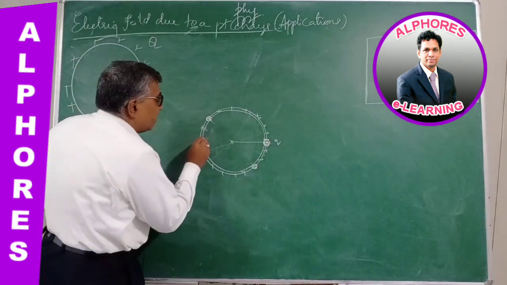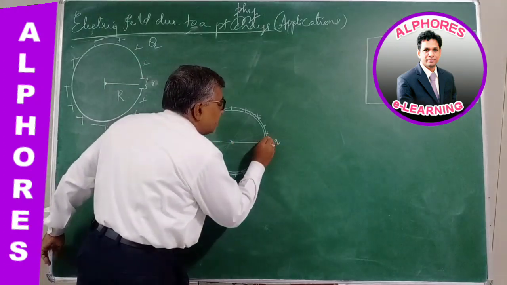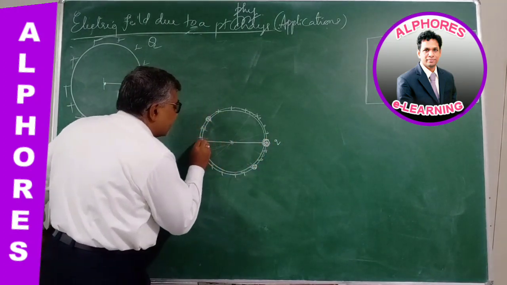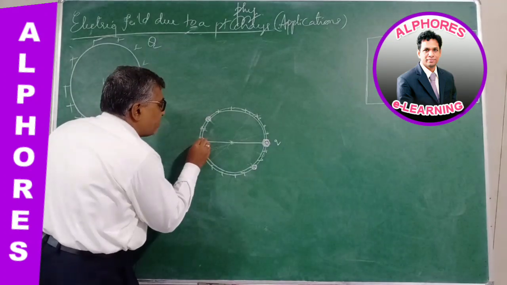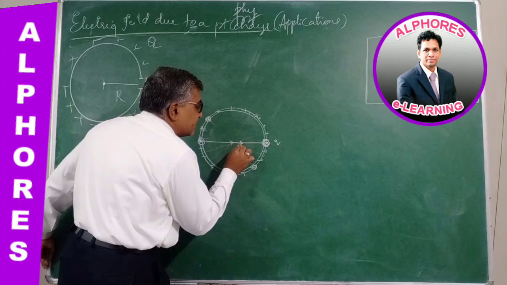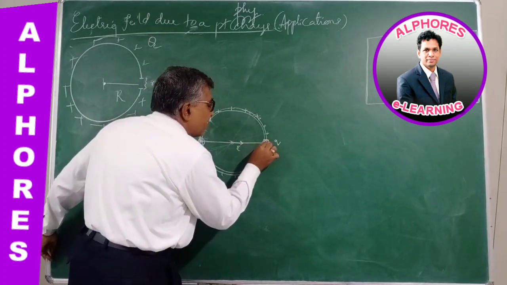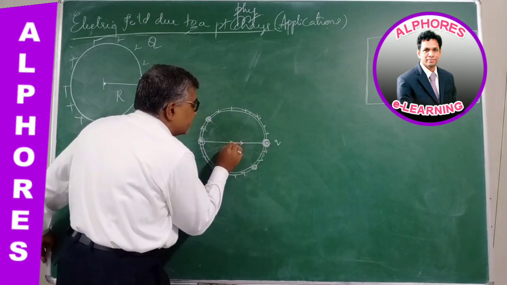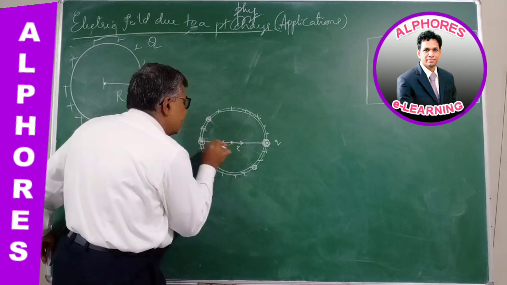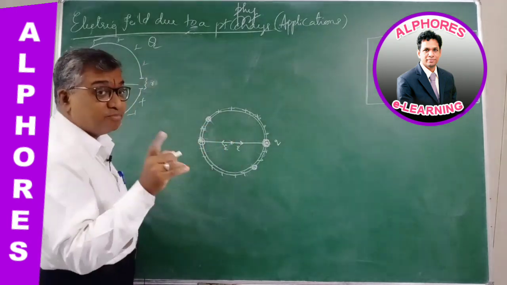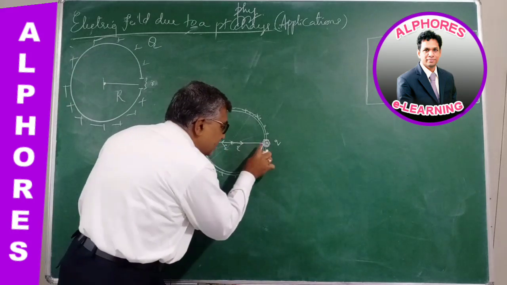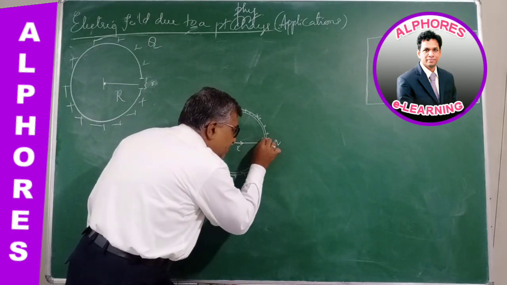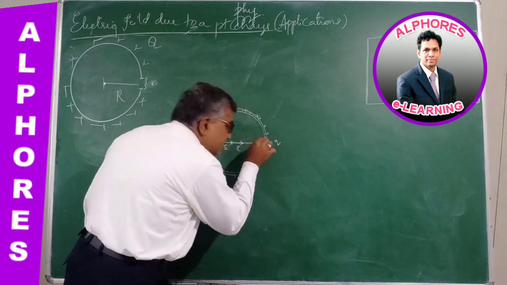But now when I consider this part and the diametrically opposite point on the ring there, this part would produce a field in this direction, let us say E, and this part will produce an electric field in the opposite direction E. Even these two will get cancelled. But he said this part of the charge is removed, in the sense this part is now absent.